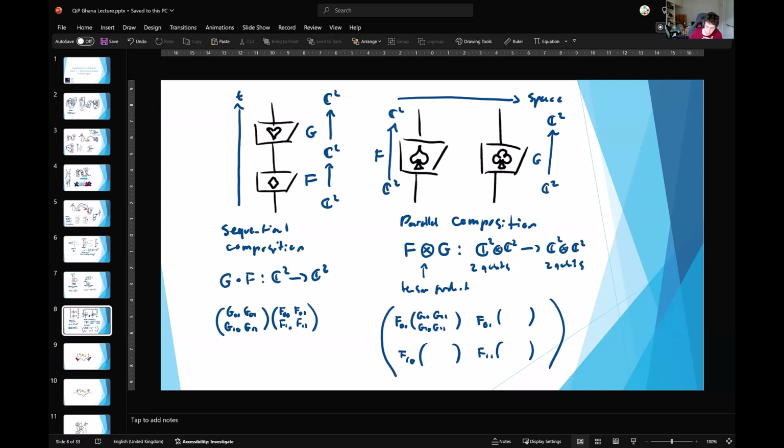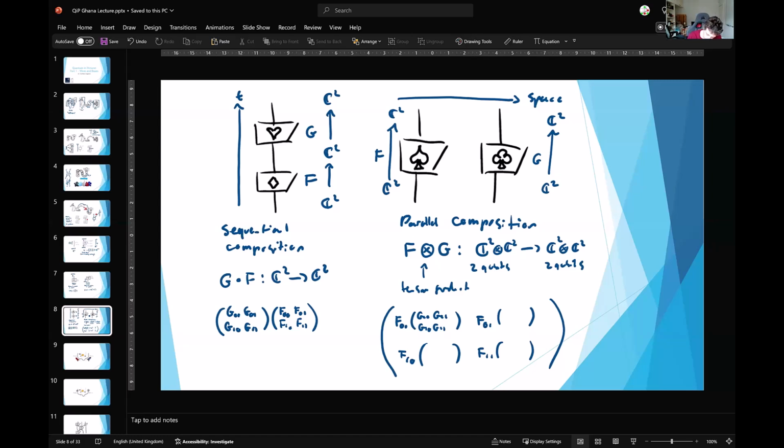So it grows. The representation, when you draw them next to each other, is just two boxes. But when you try to explicitly write them as a matrix, they grow exponentially. So by avoiding this sort of opening up of the boxes and just keeping them drawn in this diagrammatic formalism, we avoid this extra information that we'd have to represent. And for some large enough circuits, this becomes problematic. In fact, for most quantum circuits, it becomes problematic very quickly.